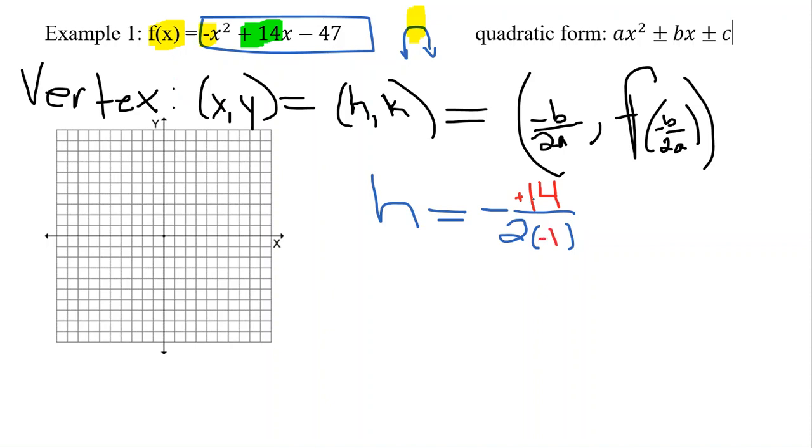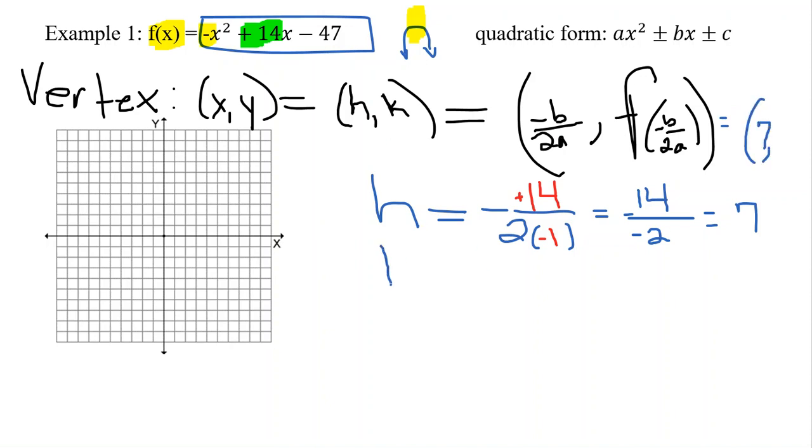So now let's solve. I have negative times positive 14, which is negative 14. And then I have negative 1 times positive 2, which is negative 2. Negative divided by negative is a positive, and 2 goes into 14 7 times. So now I know that so far my center is 7 for x.